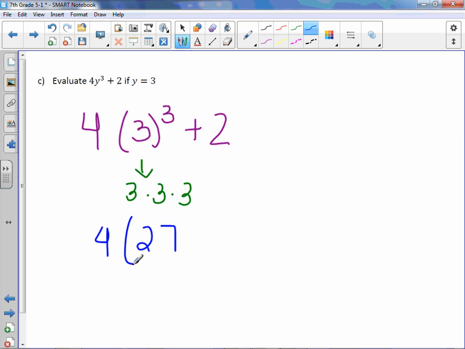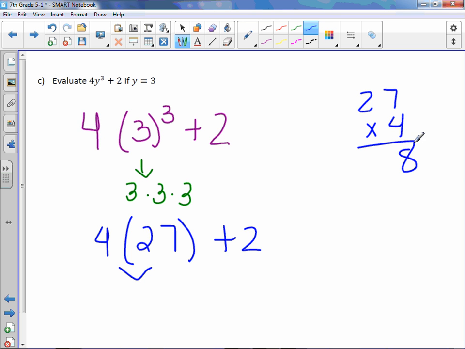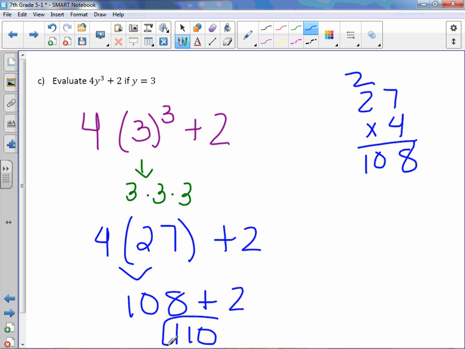Bring down the 4 and the plus 2. We have to do 4 times 27, which is 108. Bring down the plus 2, add them together, and get 110.